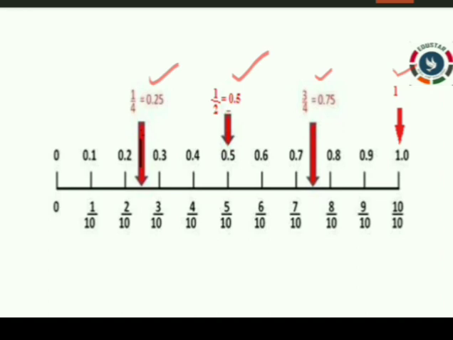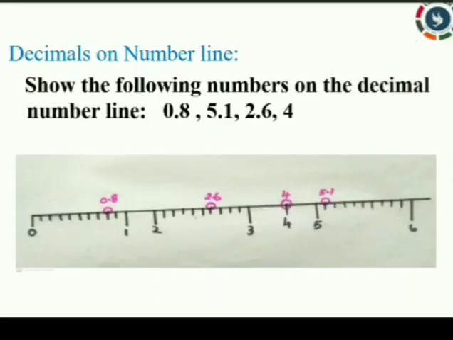So you have to divide from 0 to 1 into 10 equal parts. 0.25 lies in between 0.2 and 0.3. 0.5 already having, right? Then 0.75 lies in between 0.7 and 0.8. Then 1 which is equal to 10 by 10, right? Like this you have to represent decimal numbers on number line.